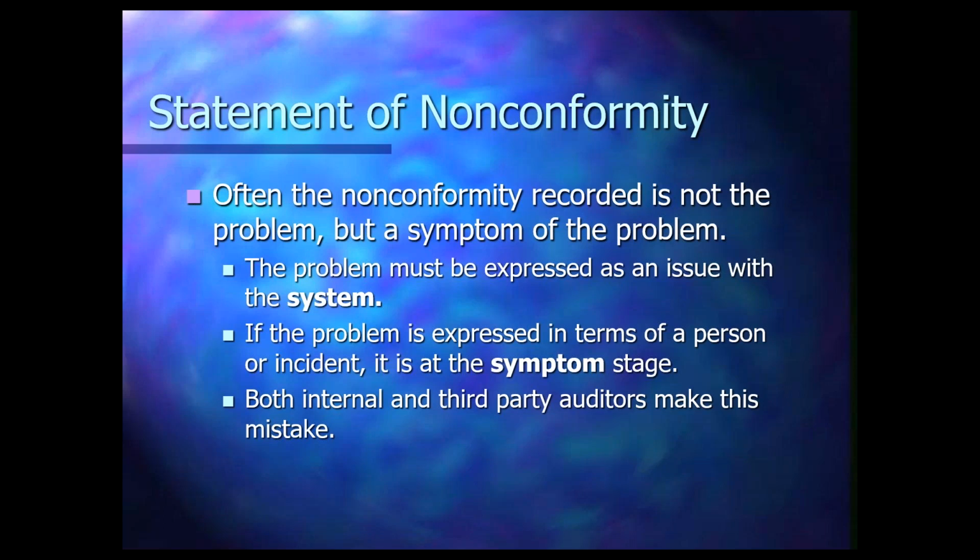Understand that the expectation is that the problem will be expressed as an issue with your system, whether it be an ISO 9001 quality management system or an ISO 14001 environmental management system. The problem has to be expressed as an issue with the system. If it is expressed in terms of a person or an incident, it's at the symptom stage.